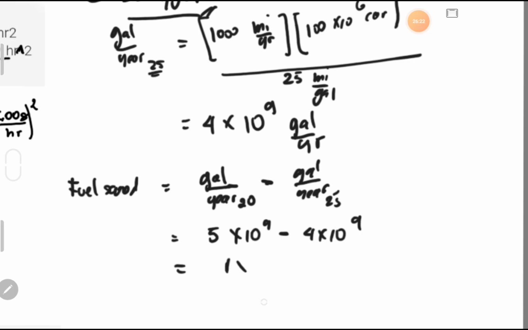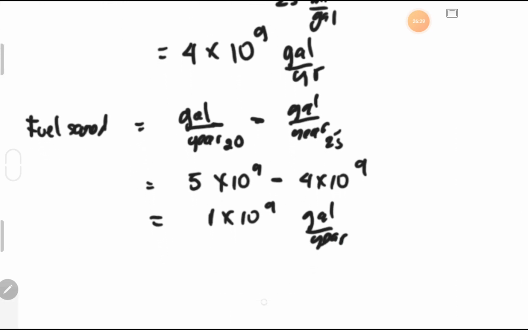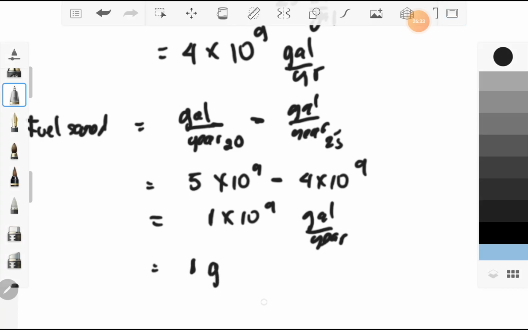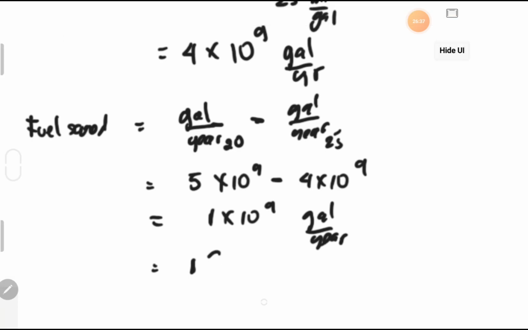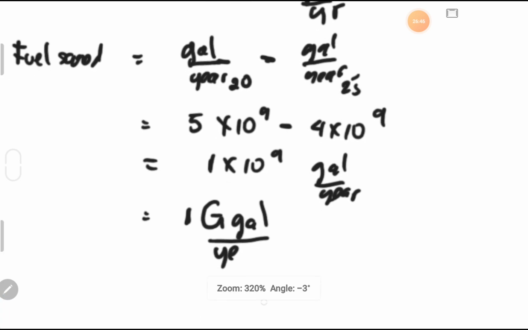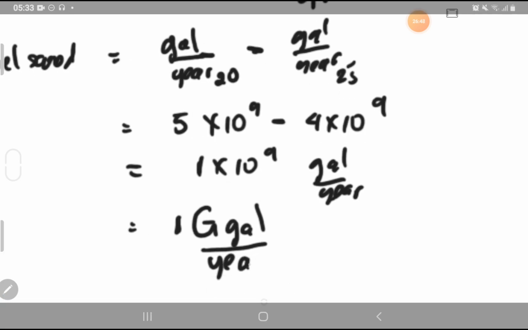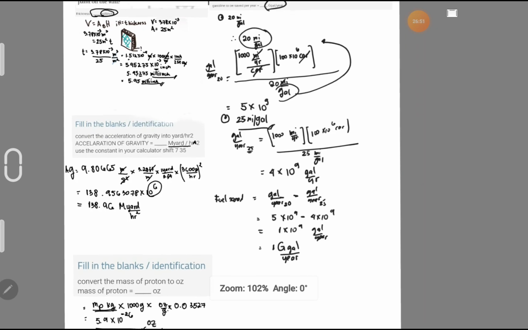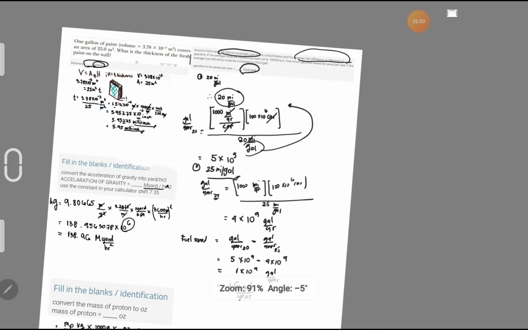So we have 1 times 10 raised to 9 gallons per year, which means that we have 1 gigagallon per year. Yan yung na-save natin.